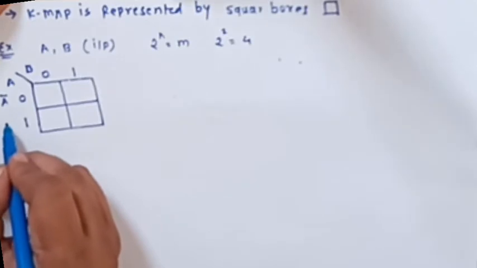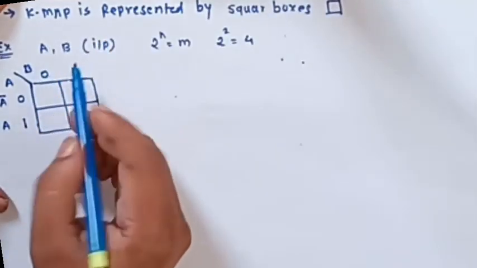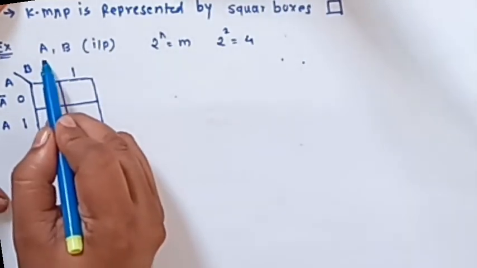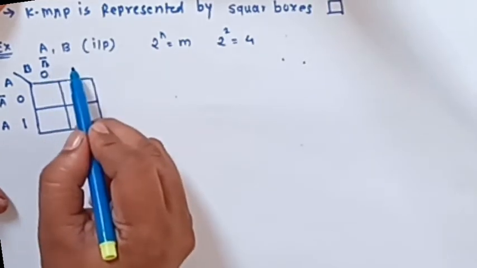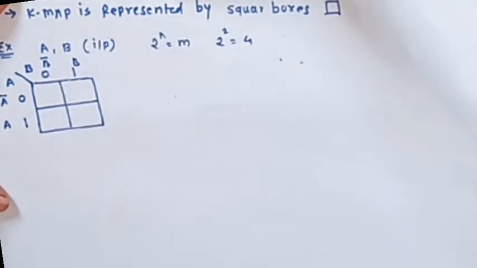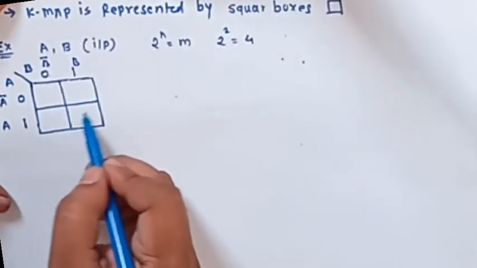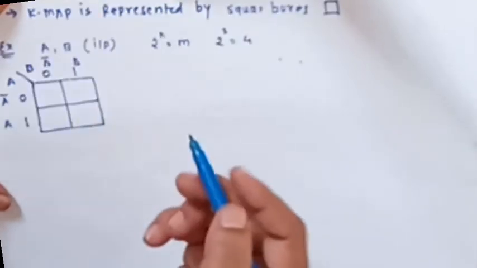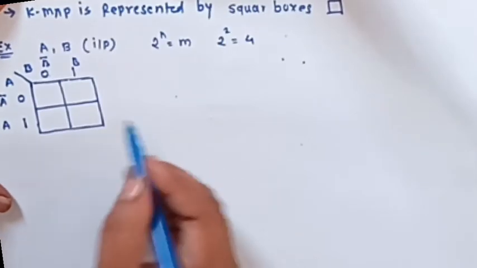And if it is 1, then it is A. So this value is A bar, and this is A. Here the value of B is 0 means it is B bar, and the value of B is 1 means it is B. Okay, and inside these boxes we have to take the output values.